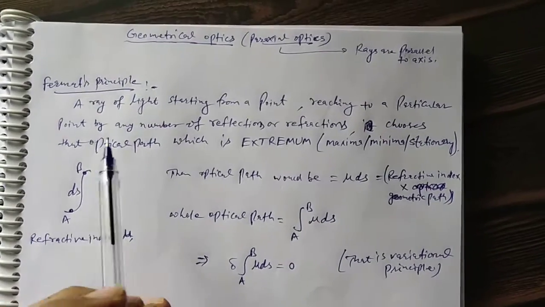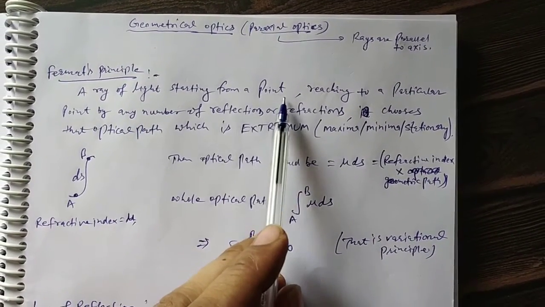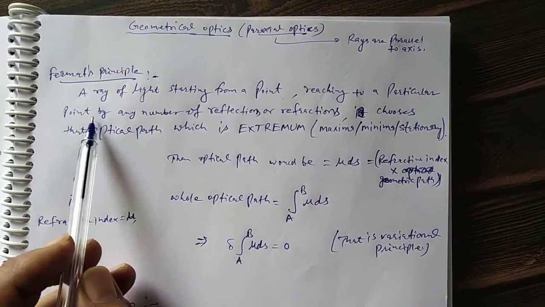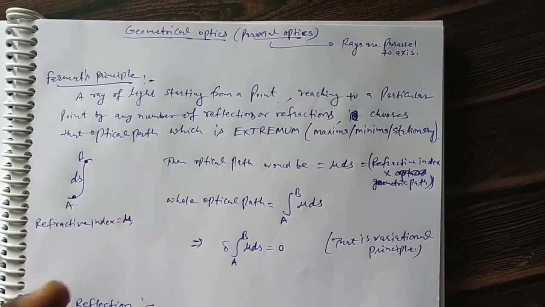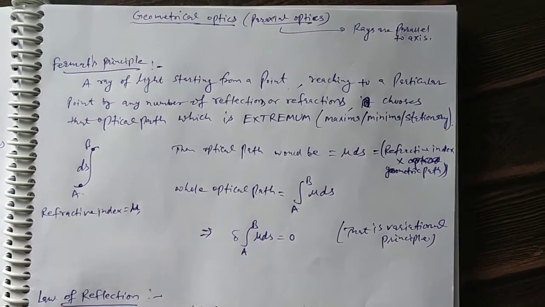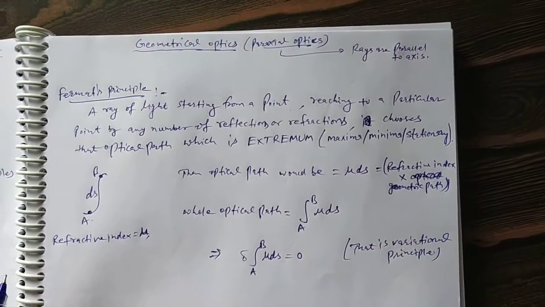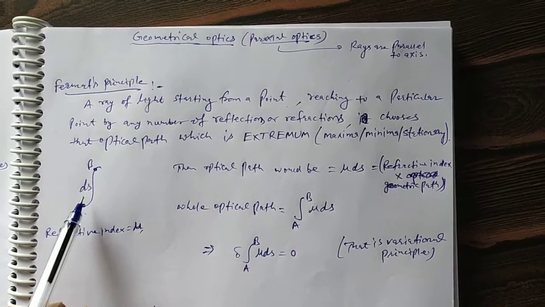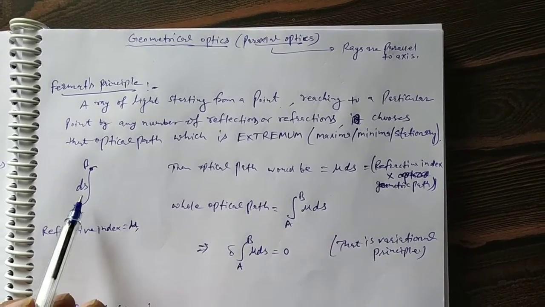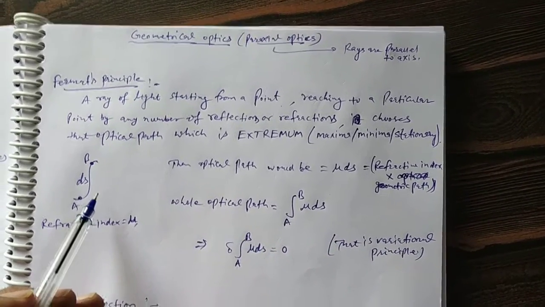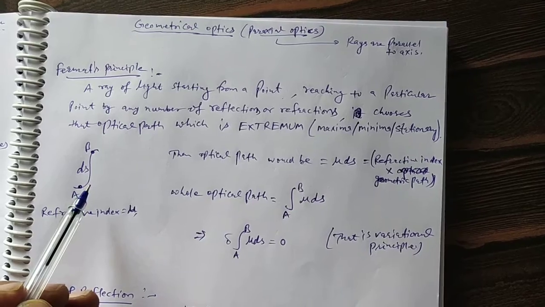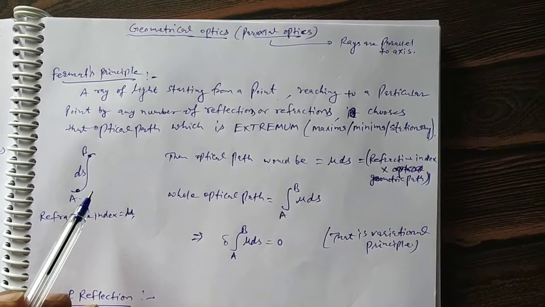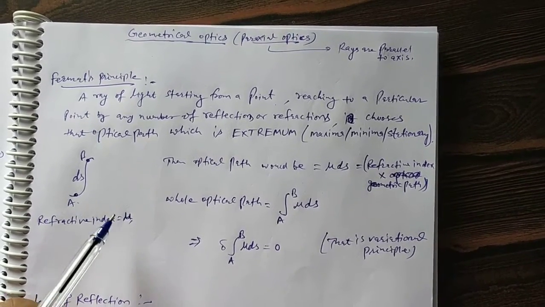According to this, a ray of light starting from a point, say A, reaching another point B by any number of reflections or refractions, the path chosen by this ray of light is extremum, which means the path could be minimum, could be maximum, or could be stationary.